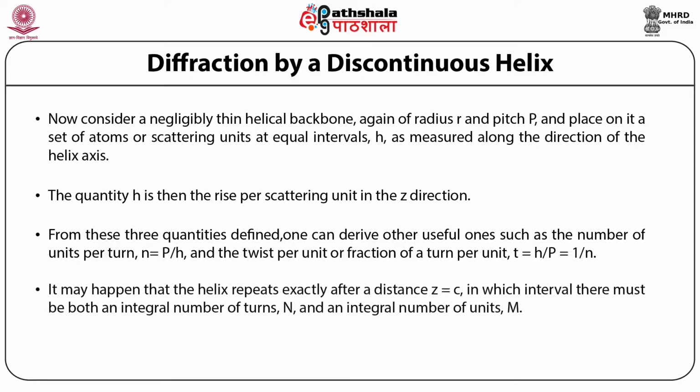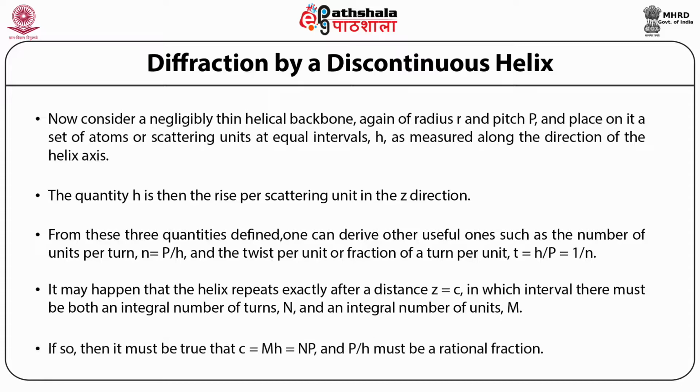It may happen that the helix repeats exactly after distance little z equal to c, in which interval there must be both an integral number of turns capital N and an integral number of units capital M. If so, then it must be true that little c has to be equal to Mh, which will be equal to NP, and P over h must be a rational fraction.